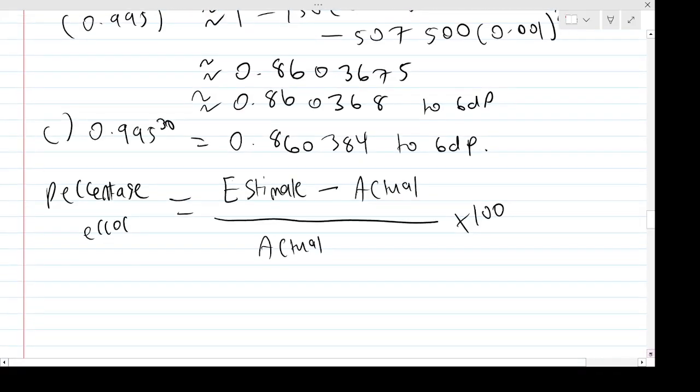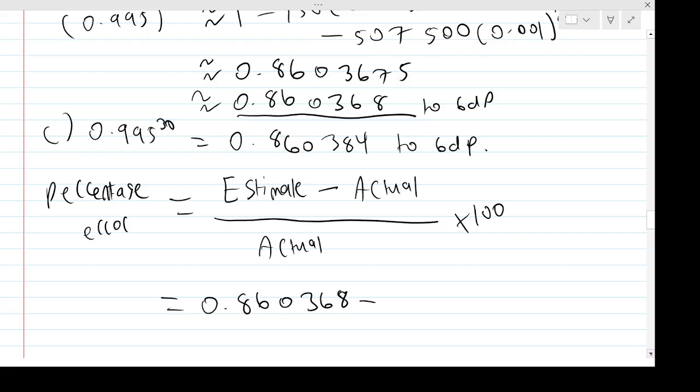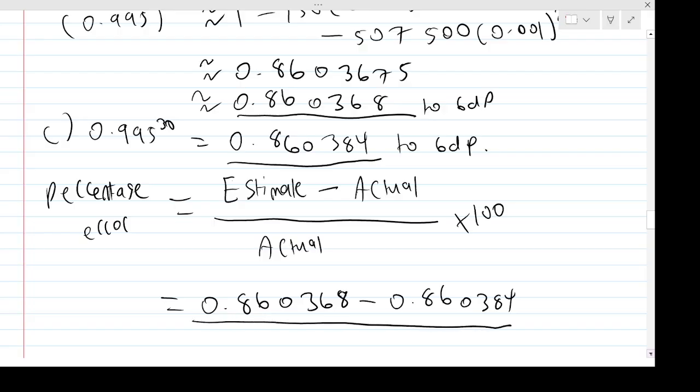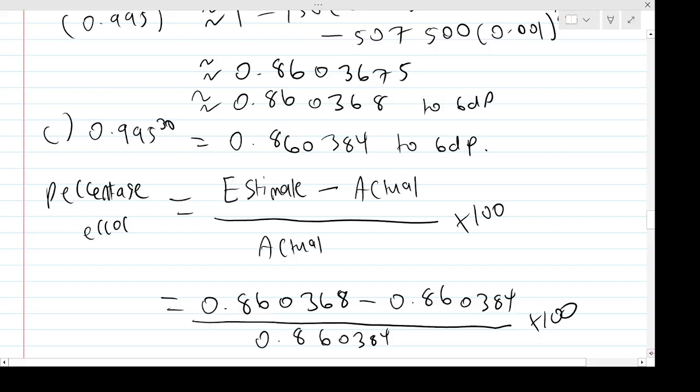So then our estimate was this, right? So that's going to be 0.860368. That's my estimate. Take away the actual answer, which I did on a calculator, of 0.860384, over the actual answer again, which was 0.860384, times by 100. If I put all that in the calculator, then I should get the percentage.